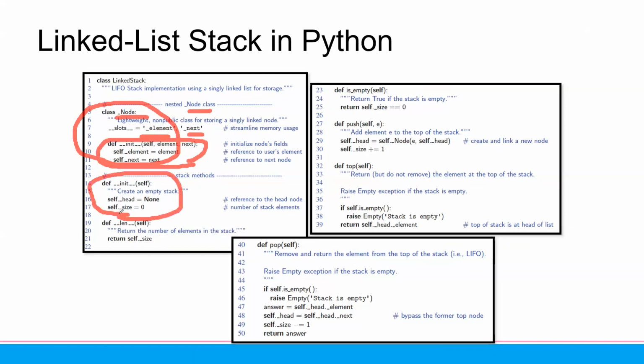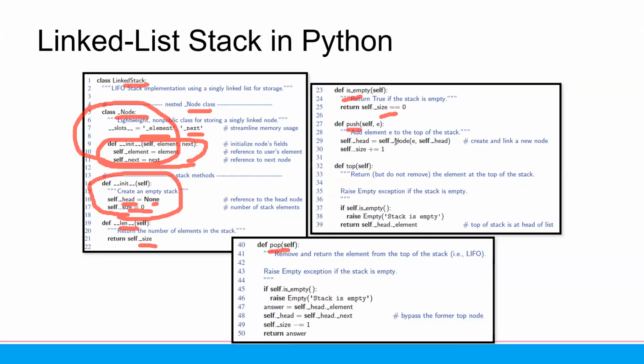When we construct this one, the head is None, and then the size is 0. The length will return the size, and is empty checks whether the size is 0. So we know that the stack contains push, pop and top. What is push?